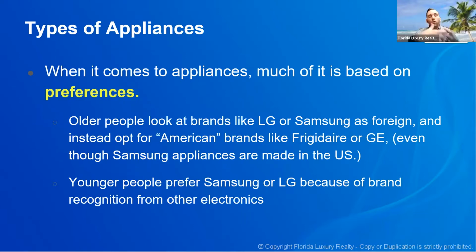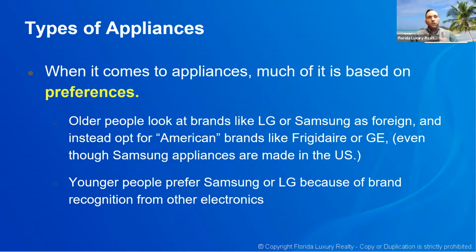That's just the nature of appliances as it comes to a whole, right? So older people are going to look at brands like LG or Samsung as foreign. And instead, they're going to opt for those American brands like Frigidaire or GE. Okay, so this kind of is something that we see in real estate, maybe not as much now because a lot of our pool of buyers are maybe a bit more savvy, but especially in 55 and up communities and things like that, it wouldn't necessarily be a good idea to stick Samsung appliances in that home, right?